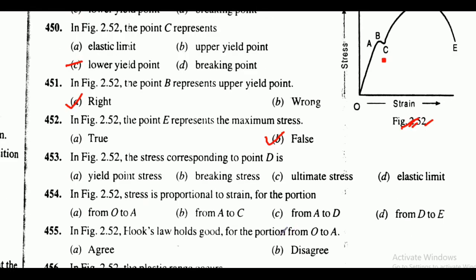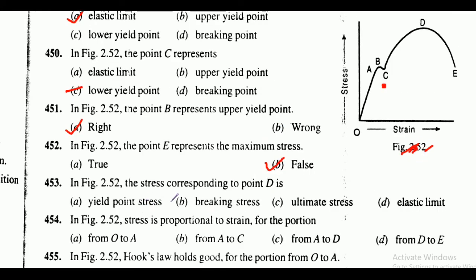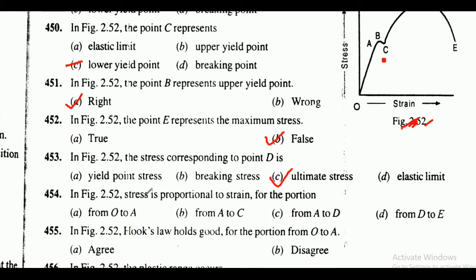Okay, next is for again this figure friends, the stress corresponding to point D is, here friends these are the options, and here correct answer is option C, that is ultimate stress. Next is for again this figure friends, the stress is proportional to strain for the portion.